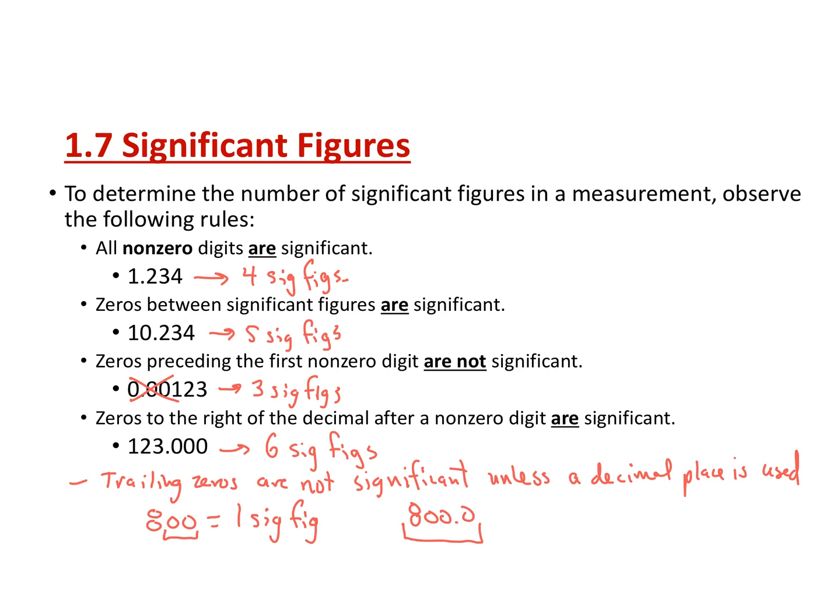Here, I'm estimating. So with that decimal place there, you're indicating that you have 4 significant figures and you can measure this exactly all the way down to the 10th of a pound.